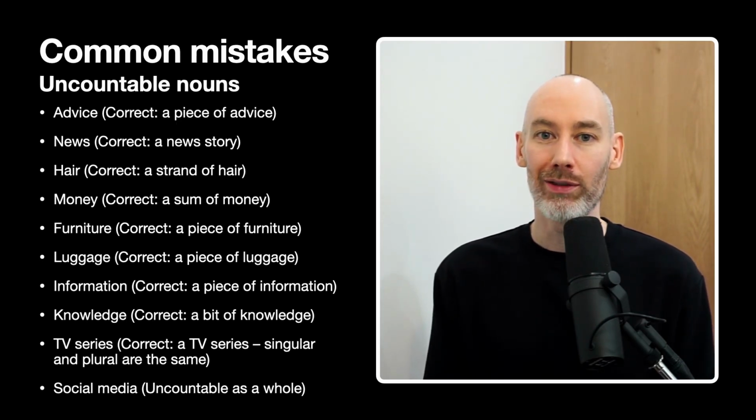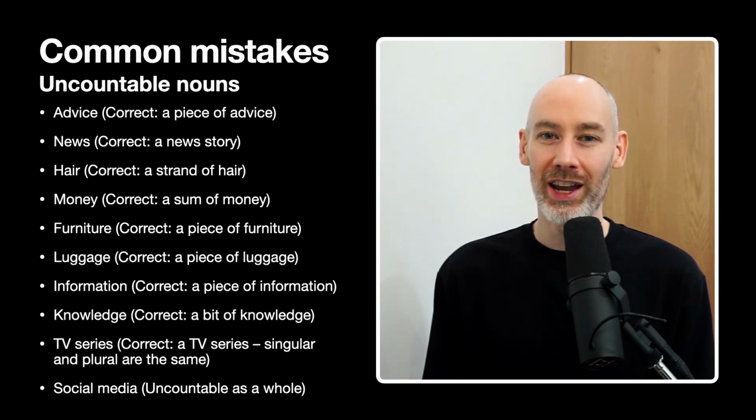And then finally, we have two interesting ones. TV series, and we can say there are several TV series I like, or I like a TV series. Okay, you have some flexibility there, but because of the pronunciation issue, we don't really say TV series. Okay, there are two TV series I don't like.